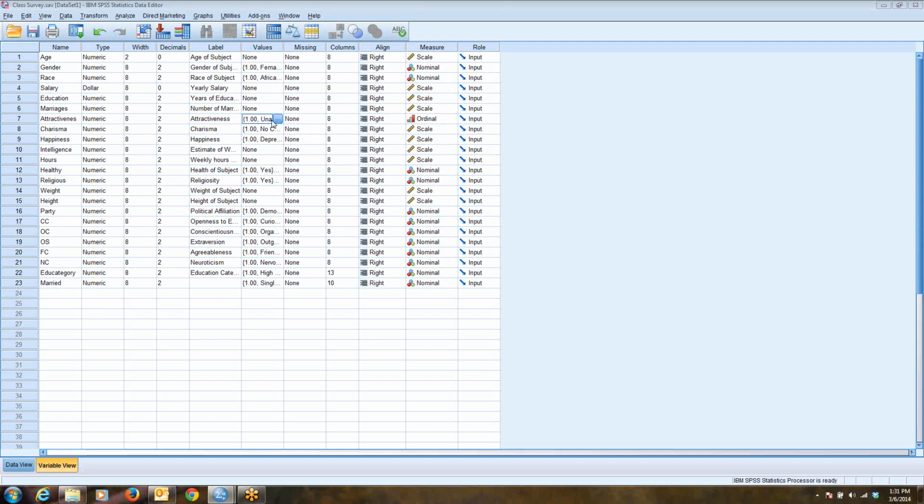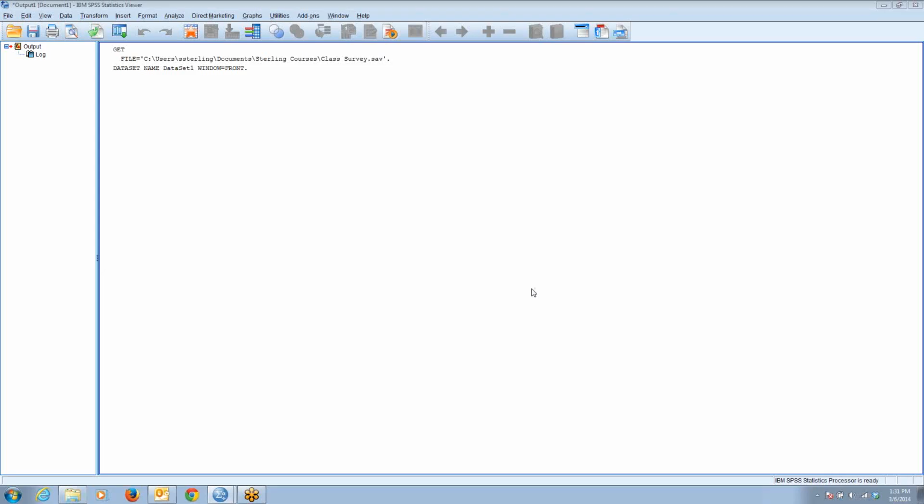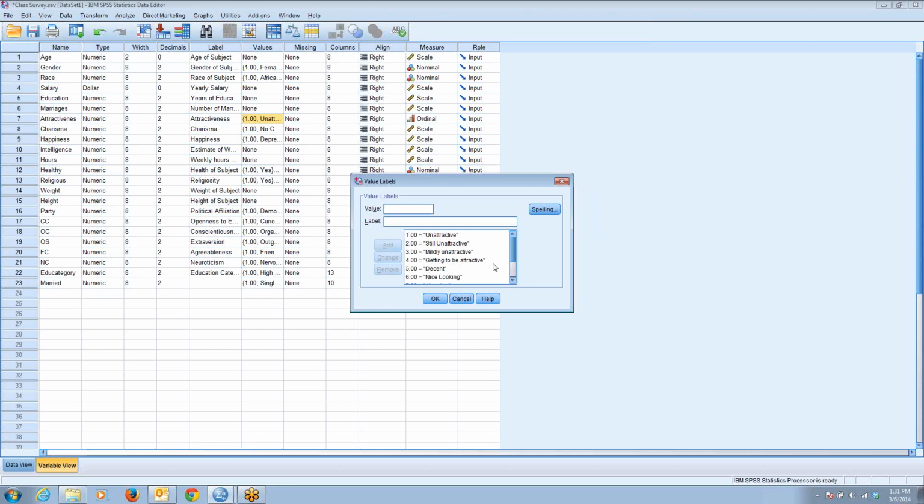Now, if you can see over here, you can see that this is a mistake. Attractiveness would be ordinal. Sorry, you guys. Let's go back to this. Okay. Now, do you see how this is a Likert scale?